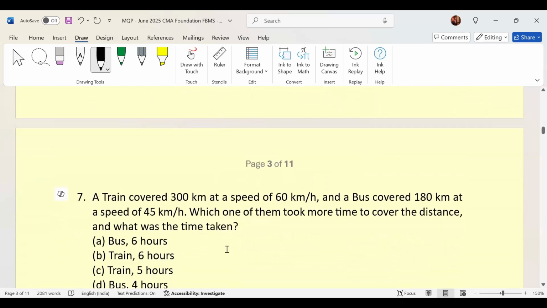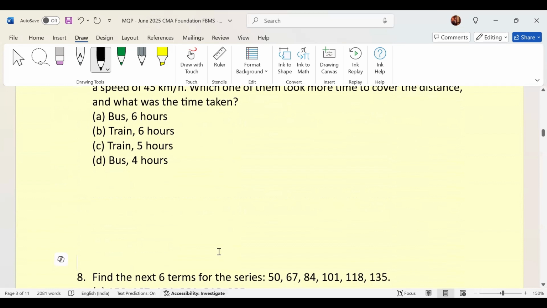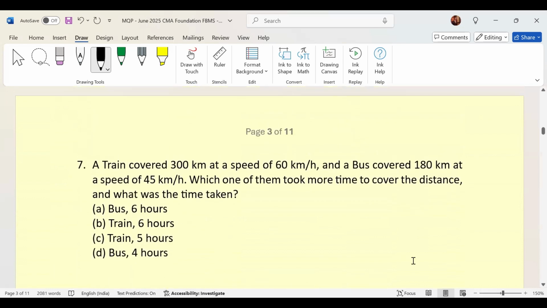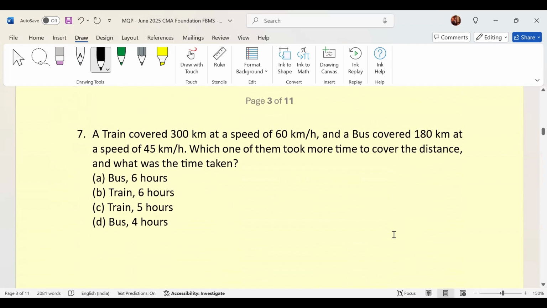A train covered 300 kilometer at a speed of 60 kilometer per hour, and a bus covered 180 kilometer at a speed of 45 kilometer per hour. Which one of them took more time to cover the distance, and what was the time taken? This question is also not clear actually.